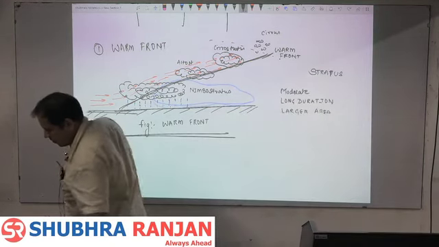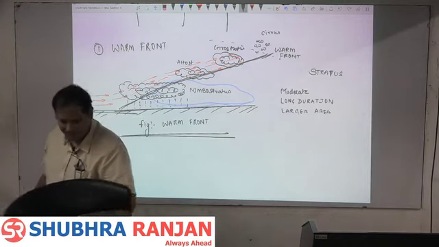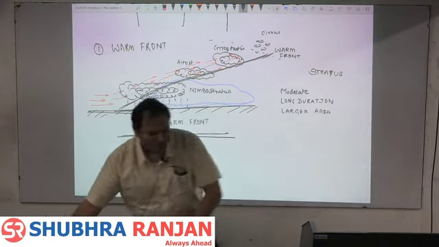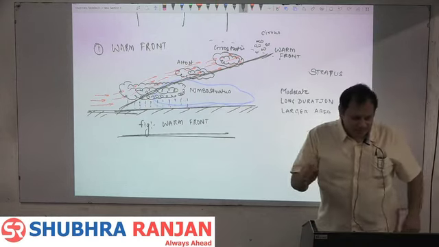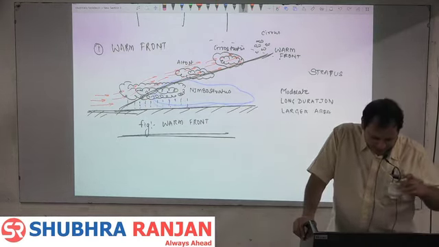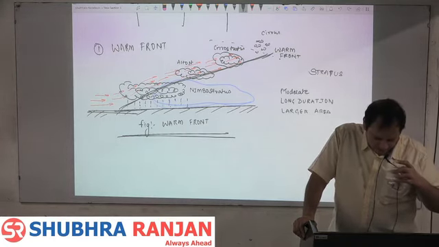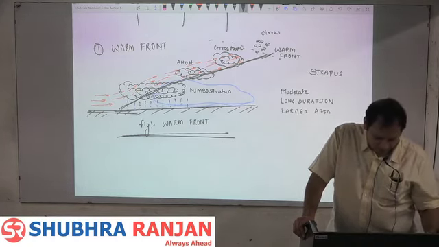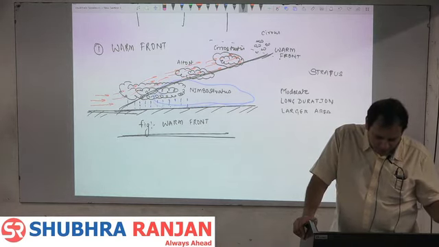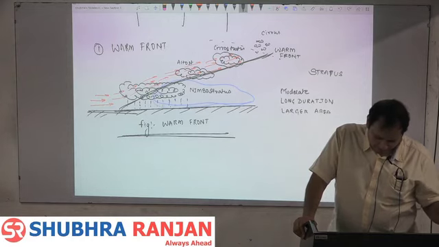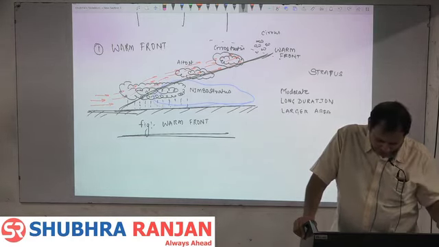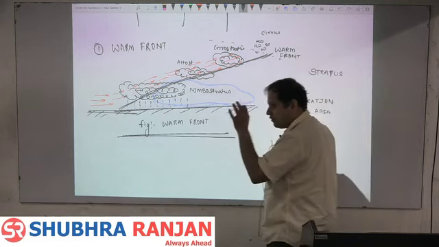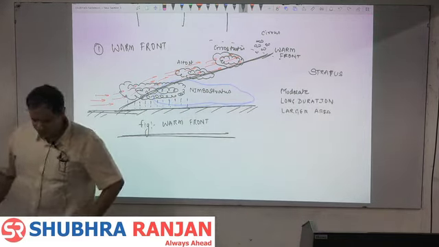In this, the warm air is active, and advances towards the regions of cooler air, advances to the region of the cooler air. Third point, due to friction.